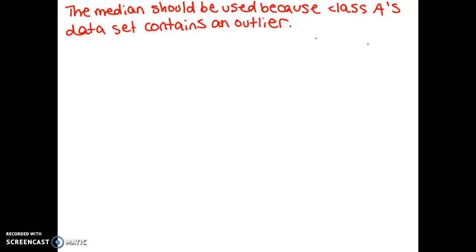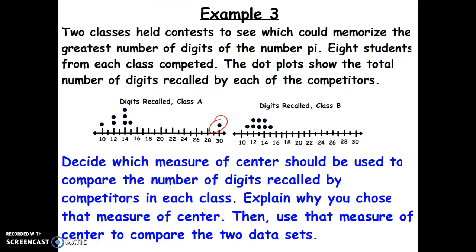Okay? So I'm going to step back for a minute. So we have identified what measure of center we should use, and we have also explained why. Now we have to use that measure of center to compare the two data sets.